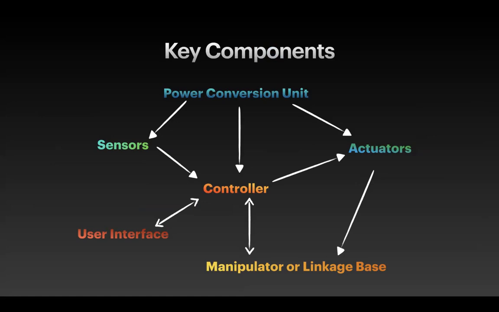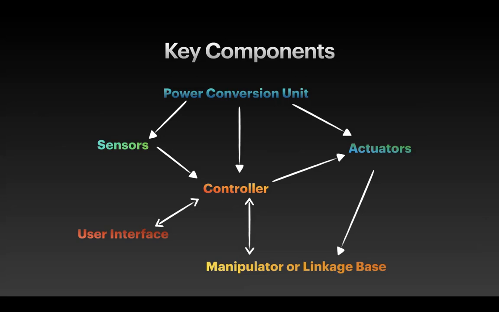So in the middle, we have the controller, or else the brain of our robot. And then we have a power conversion unit to power up different components. We need different levels of voltages, right? So for that, we have a separate power conversion unit. It can be a circuit, right? And then we have sensors and actuators.